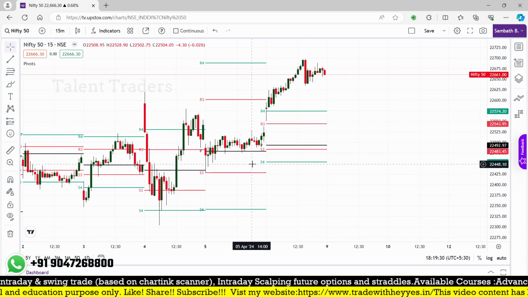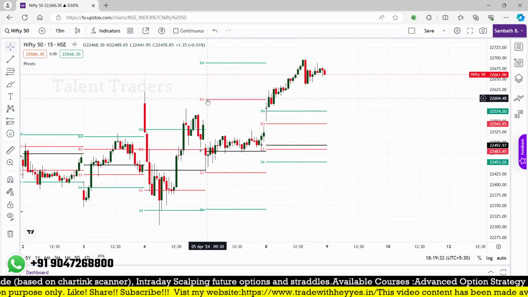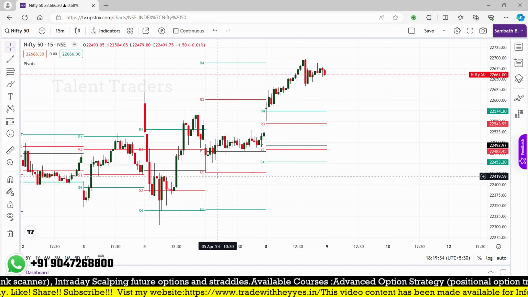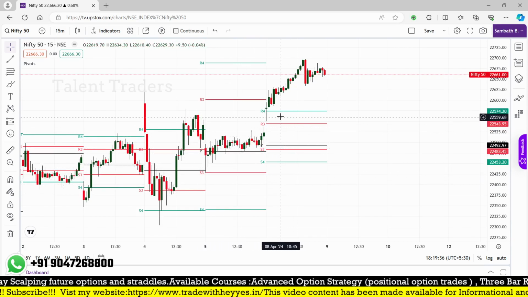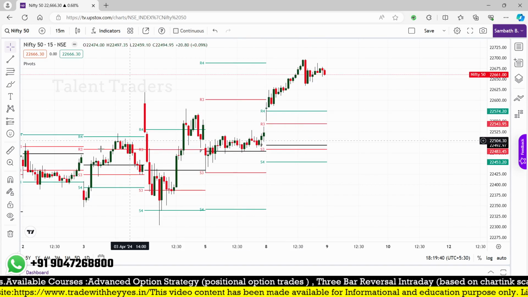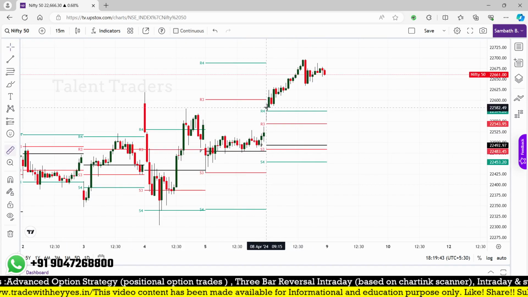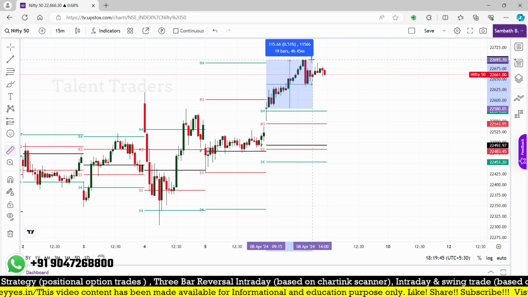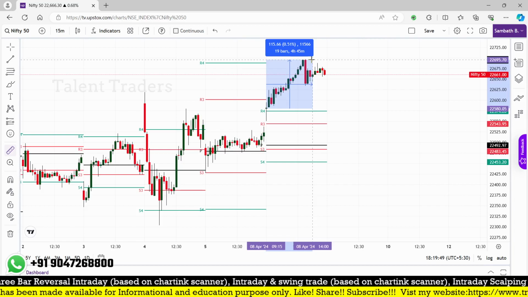It is exactly inside between the previous day R3 here and S3 here, and it was inside between the R4, and the first candle itself gave you the breakout, and from that point we had some good movement. So the R4 breakout generated somewhere around 115 points after it closed above the R4 level.